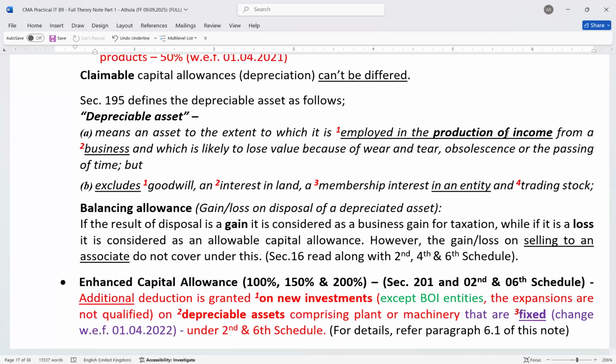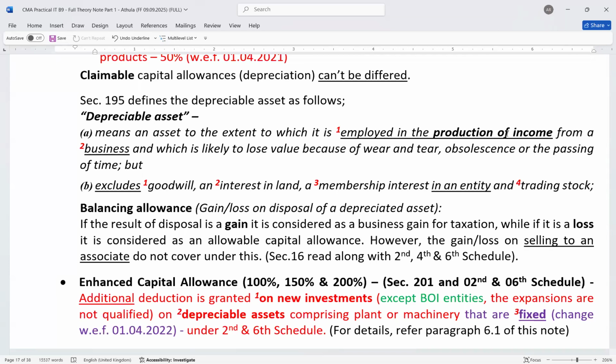That's the usual thing. After considering these things, the asset value might come down, or in rare occasions go up, but generally the value comes down. If that is the situation, it's a depreciable asset. Then specifically it says, but excludes these things.